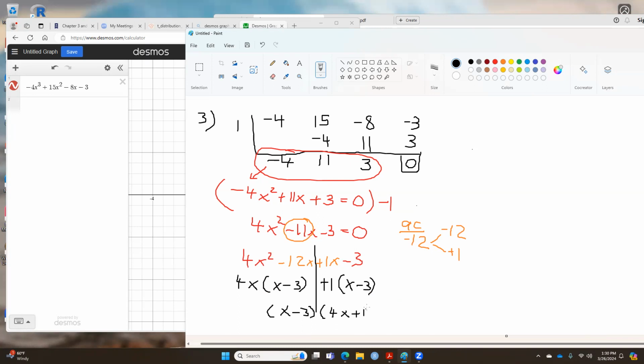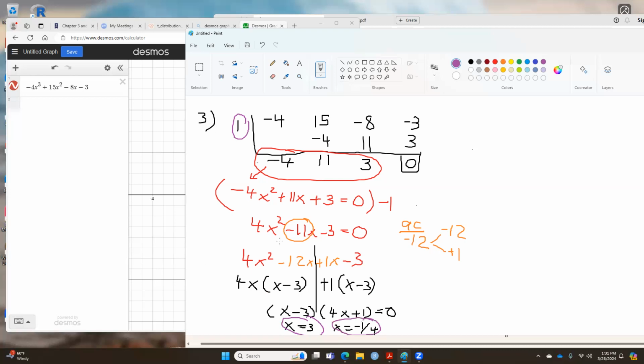And once you finish factoring this, you set this equal to 0. And this will give us 3. And when you set 4x plus 1 equal to 0, you will get x is negative 1/4. Minus 1 and divide by 4. So your zeros for this question number 3 will be 1, 3, and negative 1/4.